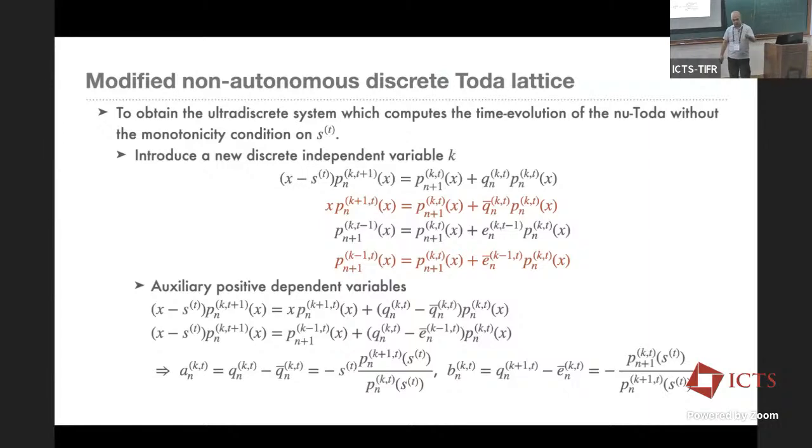So we need to introduce two auxiliary dependent variables, A and B. In the previous case we called that a D variable, but in this case I chose to change the name because the system is different.